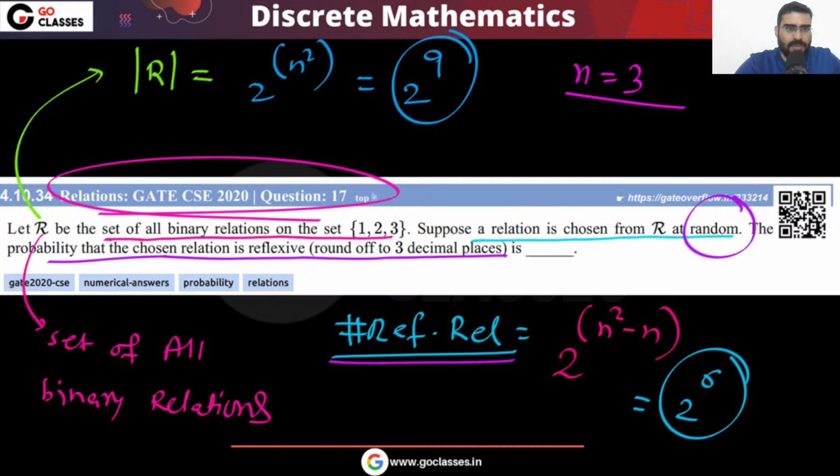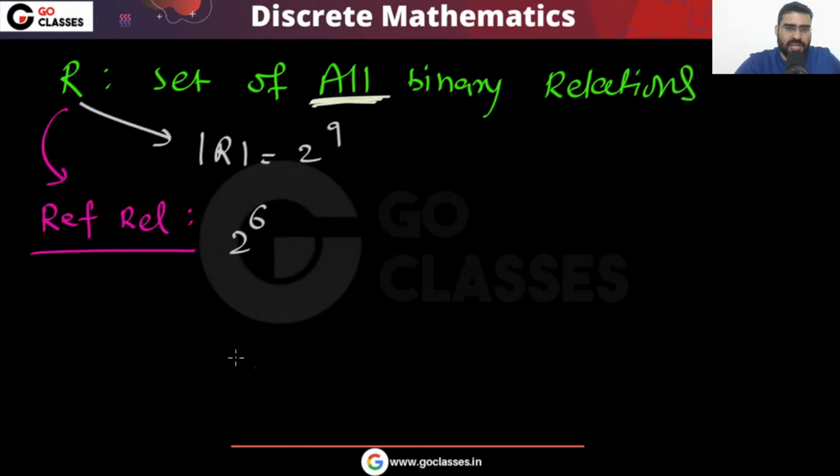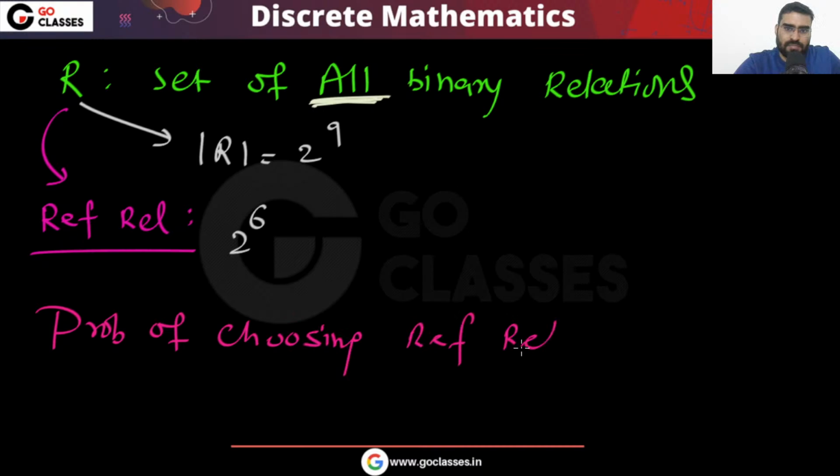The question is asking the probability of choosing a reflexive relation from R when you choose one relation.